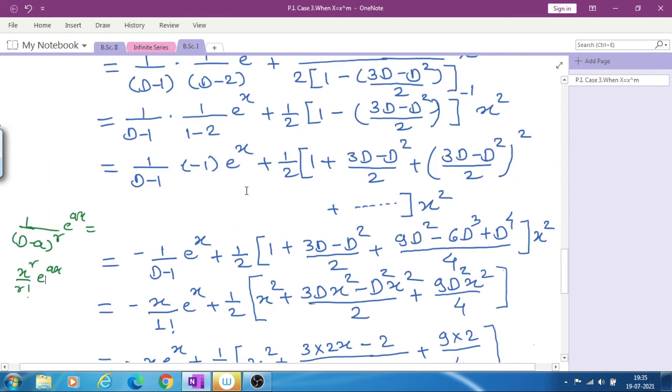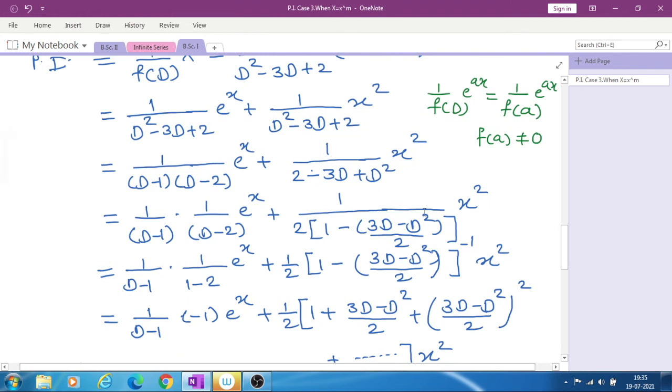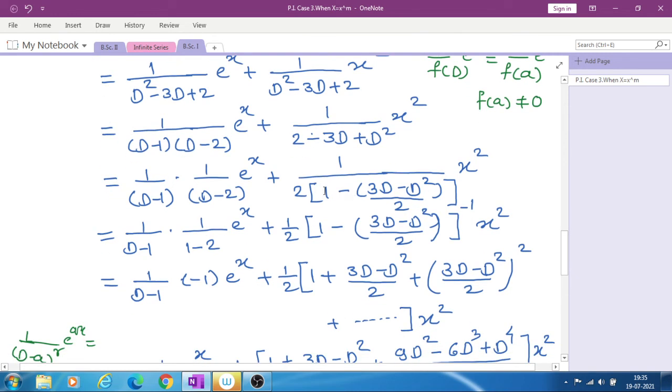Now we see how to find it for this x square. First we have written this f(D) in ascending powers of D: 2 minus 3D plus D square. Then the next step is to write this f(D) in the form of 1 plus or minus something. To get this form, we have to take a common factor so that we get 1 here. So from this I have taken 2 common.